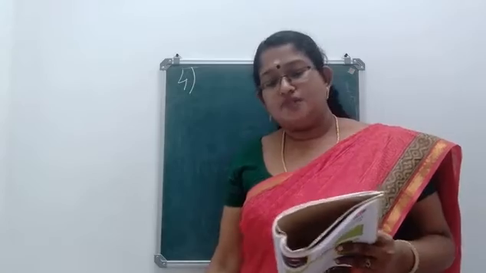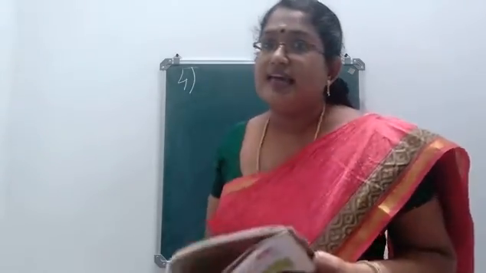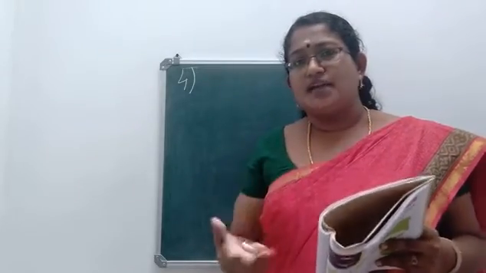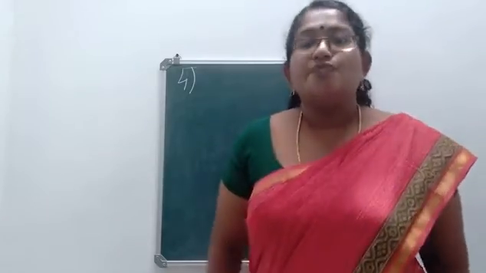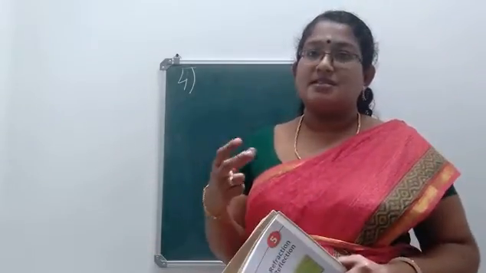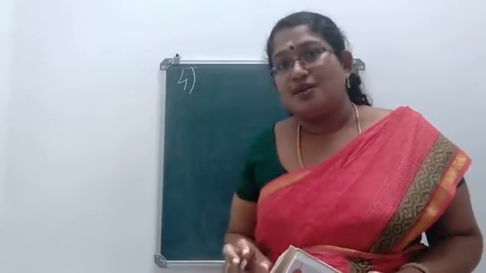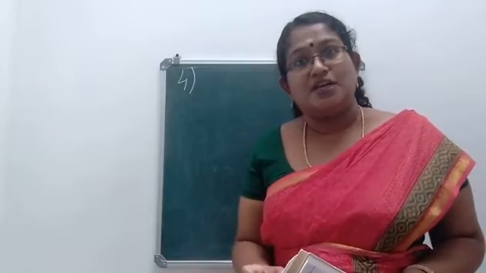If the speed of a body is half, how will its kinetic energy change? So this is the question. What happens to the kinetic energy if the speed is half? These are questions for comparison. For such questions, first you should write the standard equation.